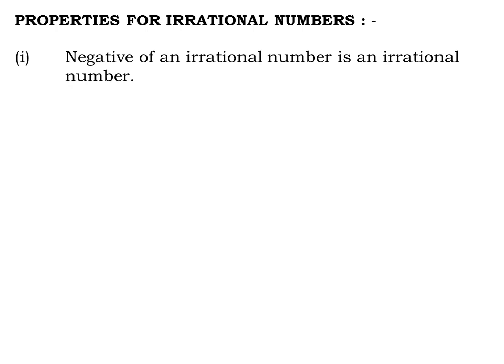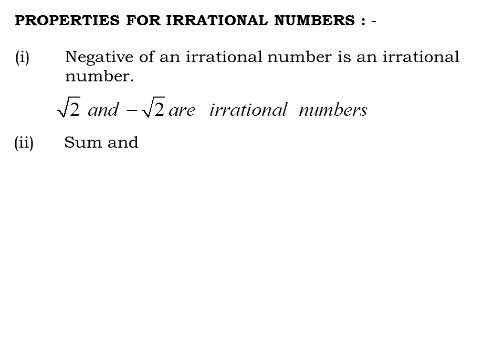So how can you define it? Let's take one example: root 2 and minus root 2 are irrational numbers. Root 2 is irrational, so the negative of that number, minus root 2, will also become an irrational number.